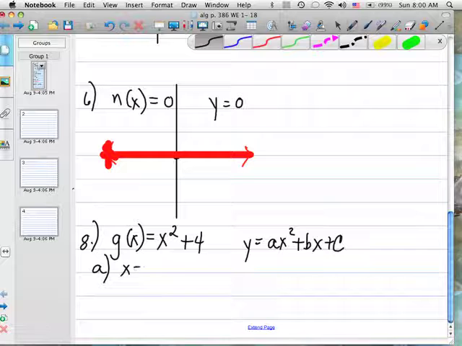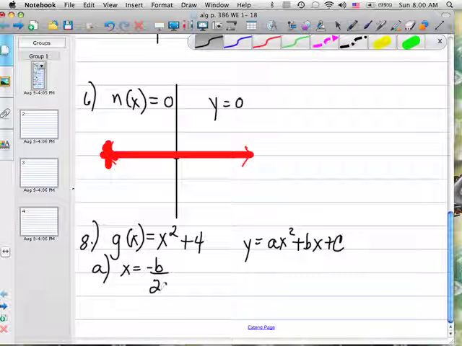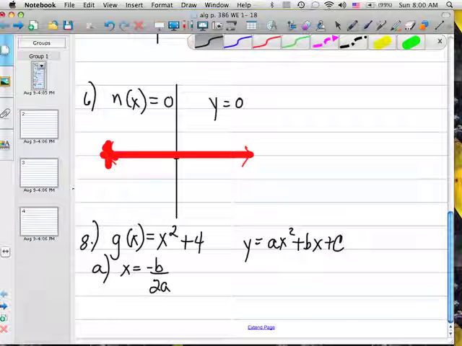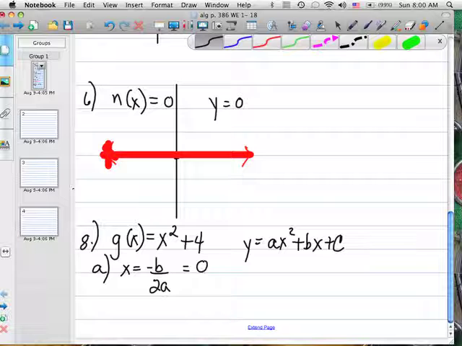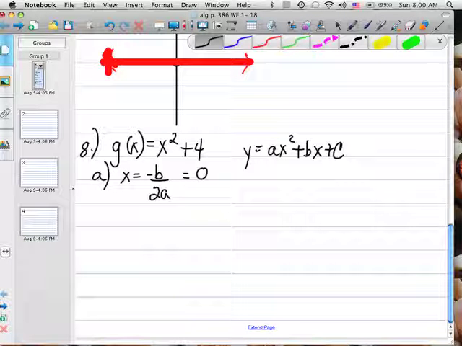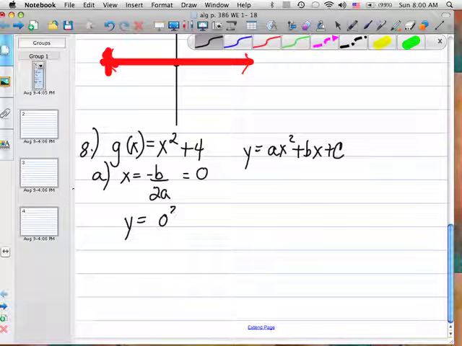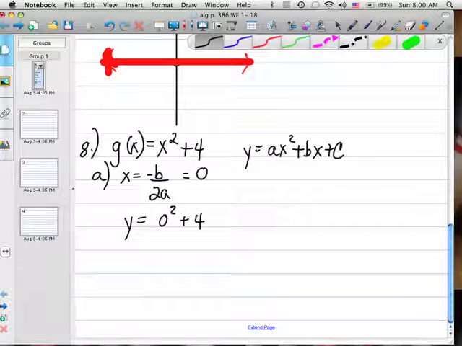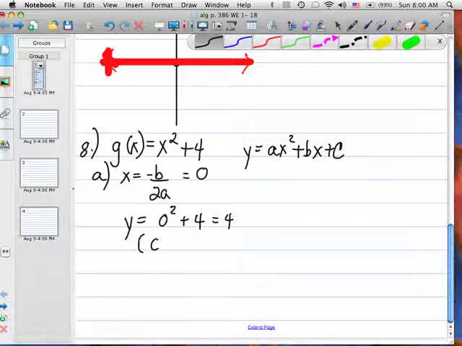X equals the opposite of b over 2a. There is no b term here, no x term, so it would be 0. X is 0. And then to find y, which is g of x, put in 0 to the function, and 0 squared plus 4 is 4. So our vertex is 0, 4.